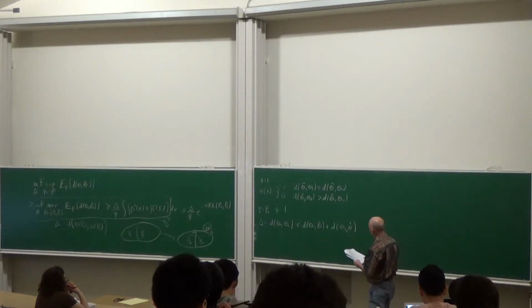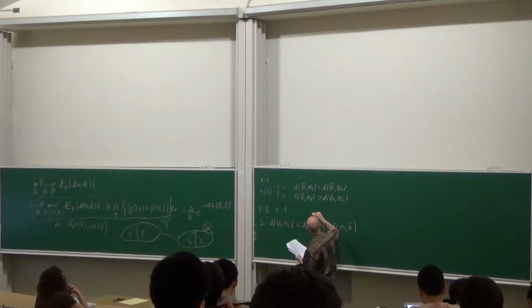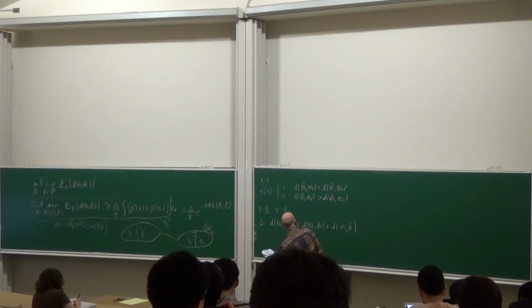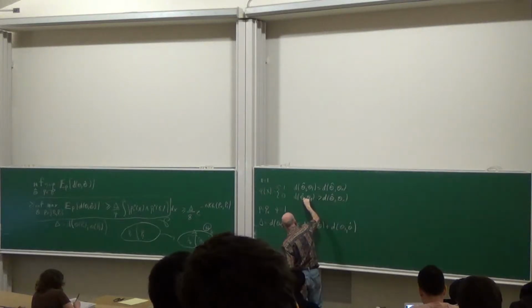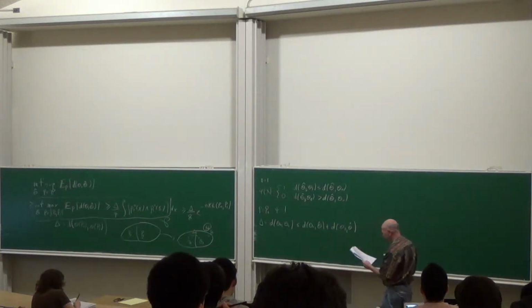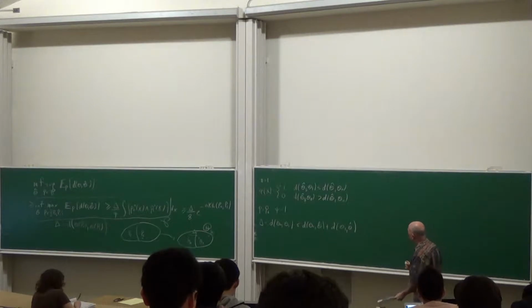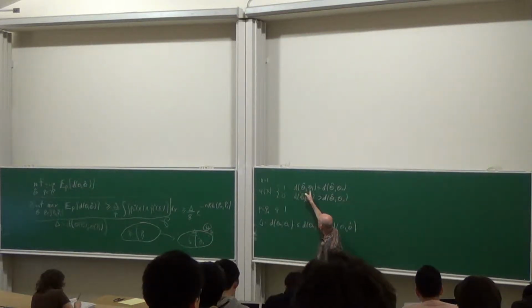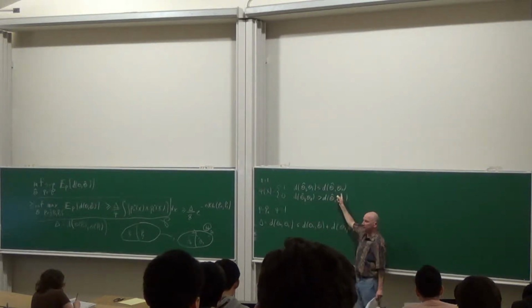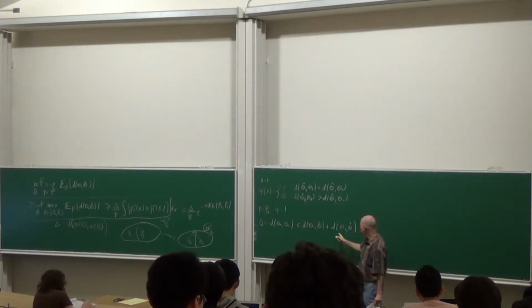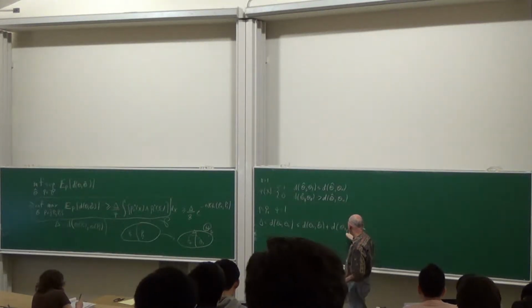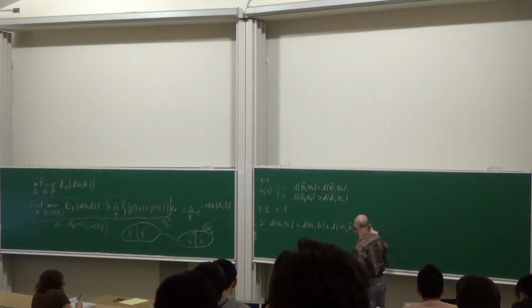But by assumption, we're doing the case phi is 1, so the distance between theta hat and theta 1 is less than or equal to the distance between theta hat and theta 0. So I'm going to get less than 2 times the distance between theta hat and theta 0.